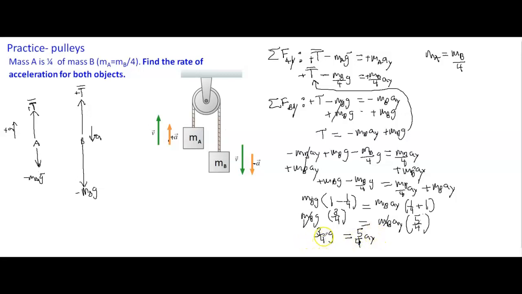Right? The 4s will cancel out, and what we'll be left with is 3/5 G, and that's equal to the acceleration in the y direction.